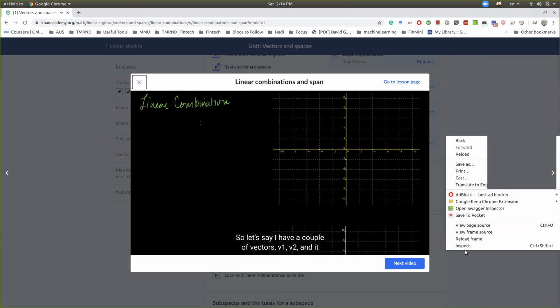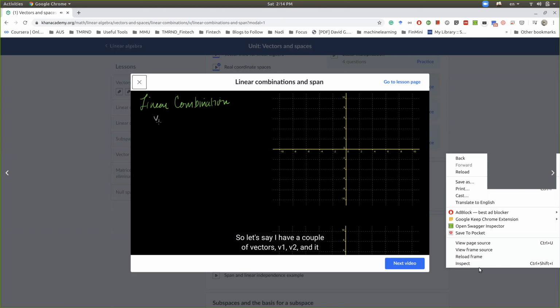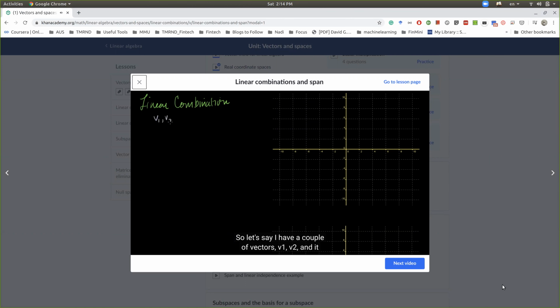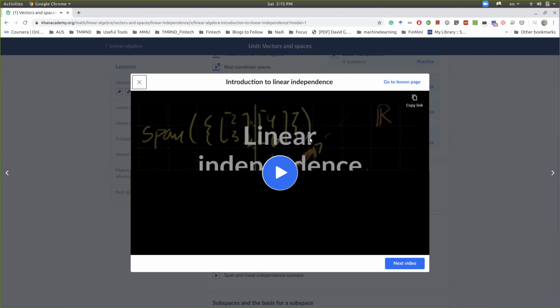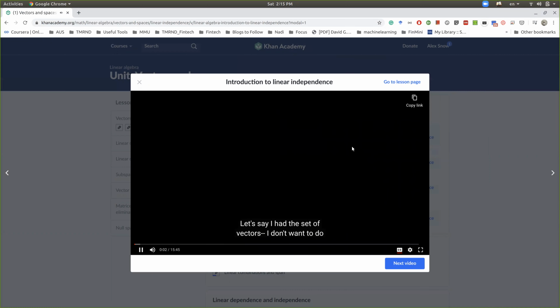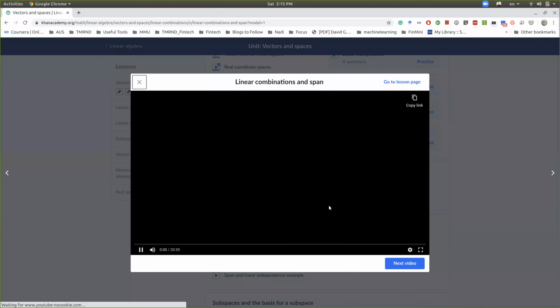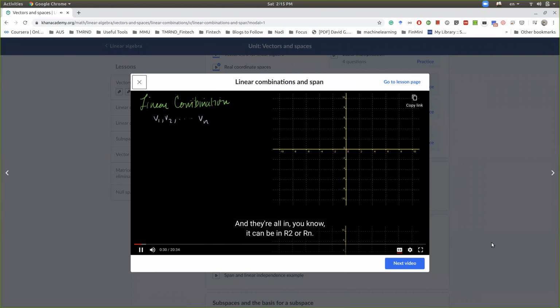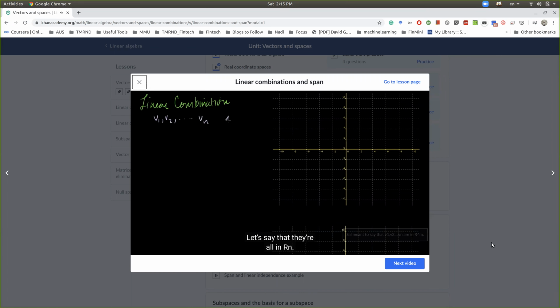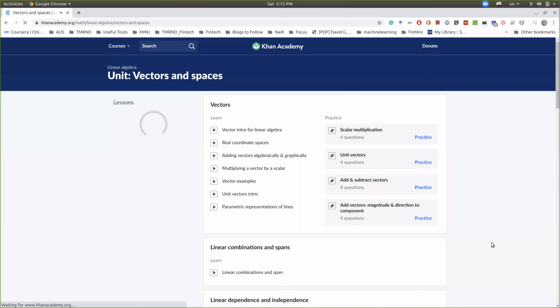So let's say I have a couple of vectors v1, v2, all the way to vn, and they can be in R2 or Rn. Let's say that they're all in Rn.